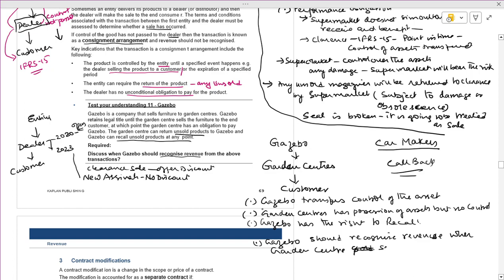You can sell the furniture to the customer. This is where we have to be very, very clear about the things, how it happens.